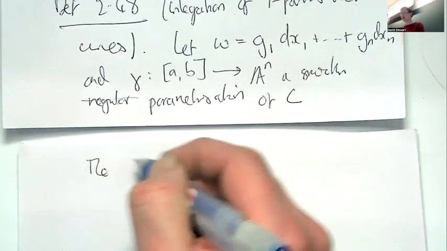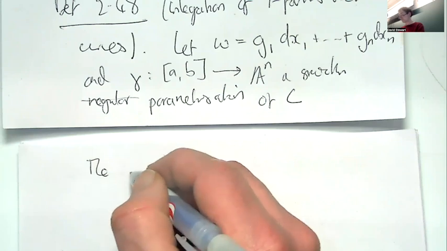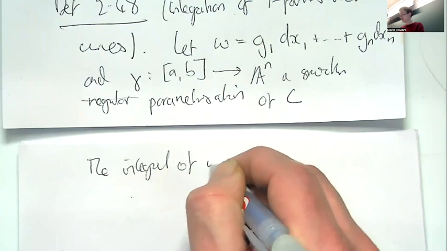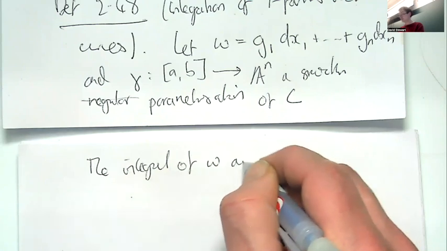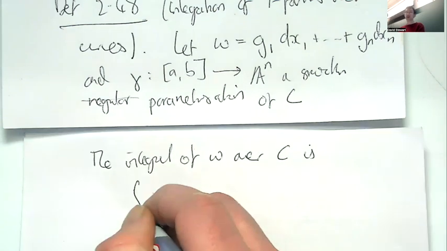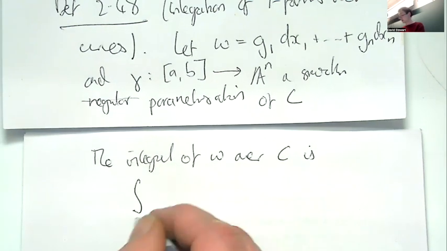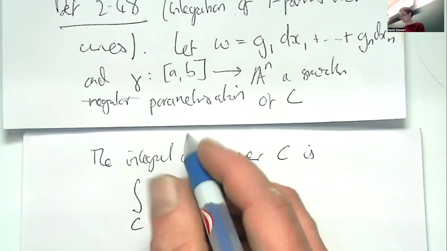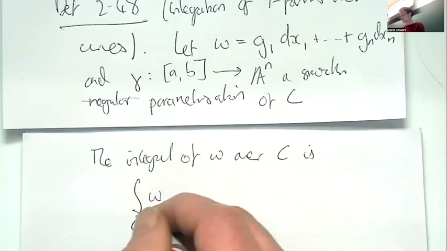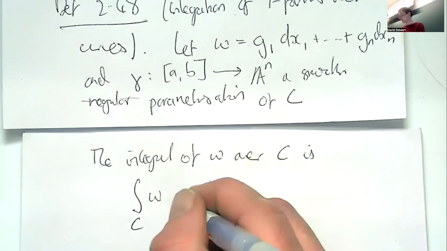Then the integral of omega over C, so we write it as an integral sign over the curve C of omega. So that's all we write, this integral.